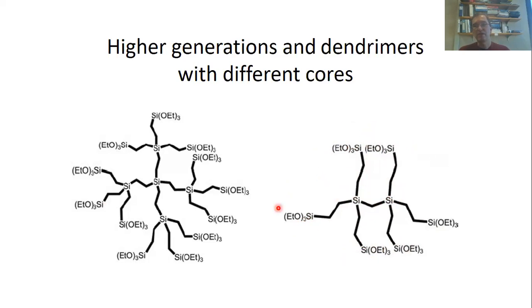So this would be another first generation dendrimer, and this kind of dendrimer can also be assembled into a periodic mesoporous silica, which you can then rename to be periodic mesoporous dendrosilica.